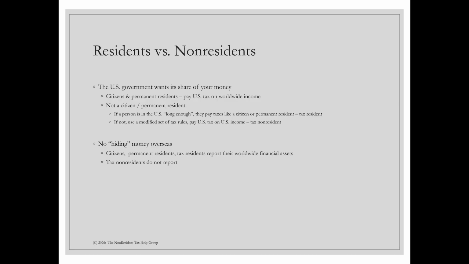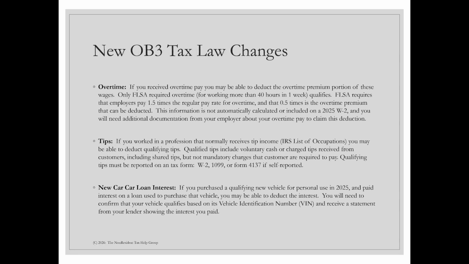Of course, the IRS would probably say, oh, you have $1 million out there, you should probably have some interest income or something like that on it. But it's really just, hey, you've got this money out there. It's just a report of it. Tax non-residents don't have to report this, but there are some pretty significant penalties for not reporting. So if and when you become a resident, make sure you do those things.